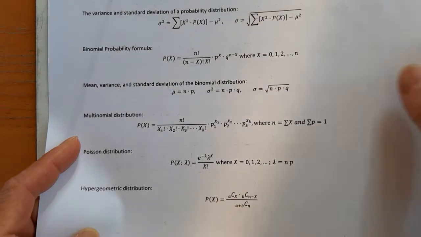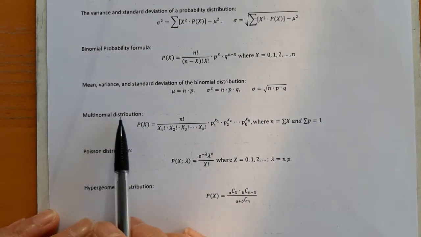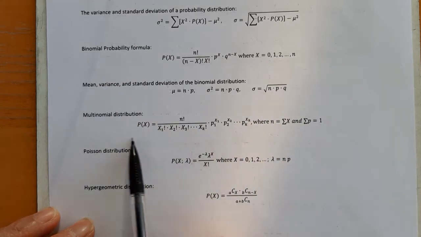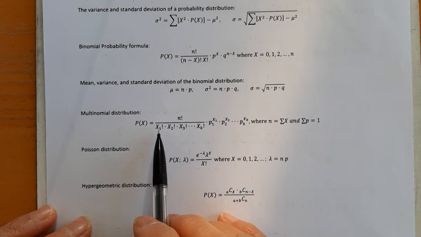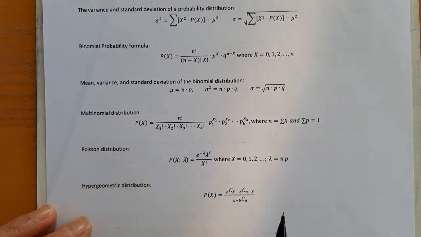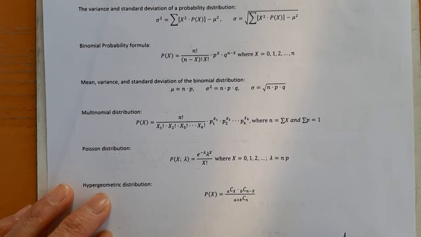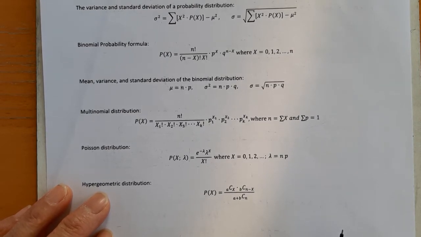Multinomial distribution, this one. It's n, and then separated into x1, x2, x3 until xk, and p1, p2, until pk. There are k outcomes, more than 2 outcomes.